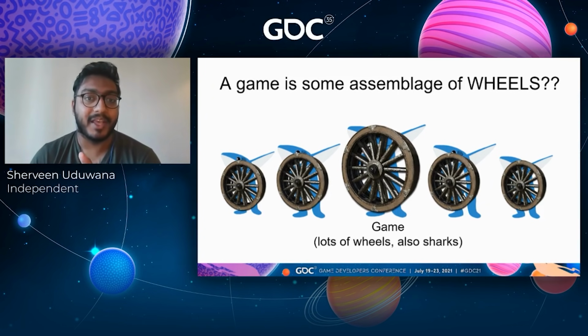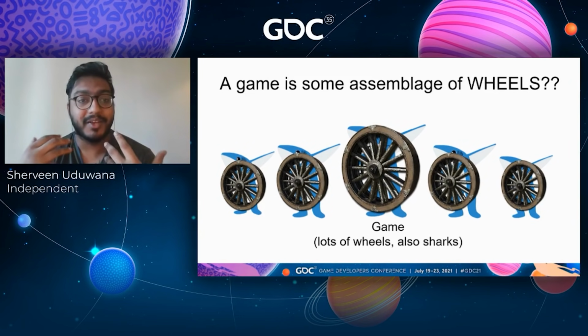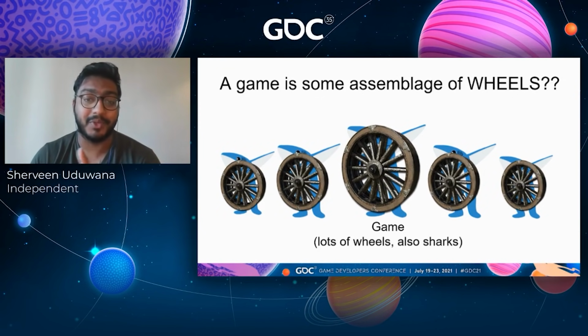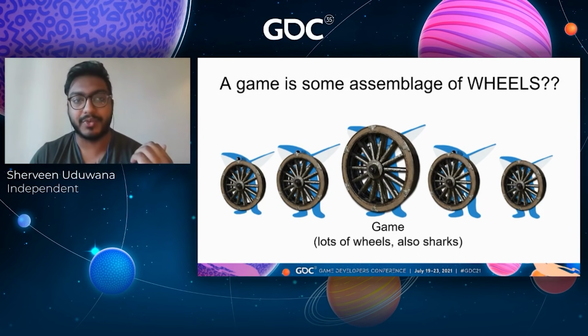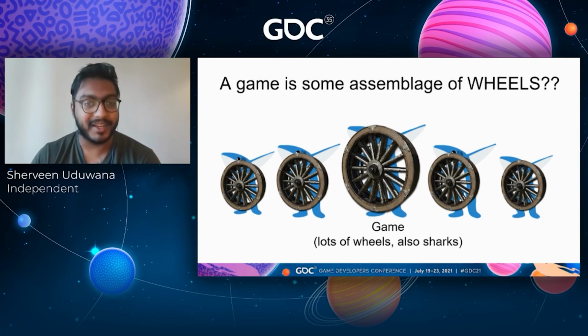So I totally forgot I made this slide, but to tie everything up, imagine that a game is now some assemblage of wheels and also sharks and everything like that. And to conclude, games are super messy. They're already really hard to make. Do the things that help you get through the end of each workday and make yourself comfortable to work on them. I hope that this concept of using code libraries and using pre-prepared stuff in your future projects helps make them seem less intimidating.